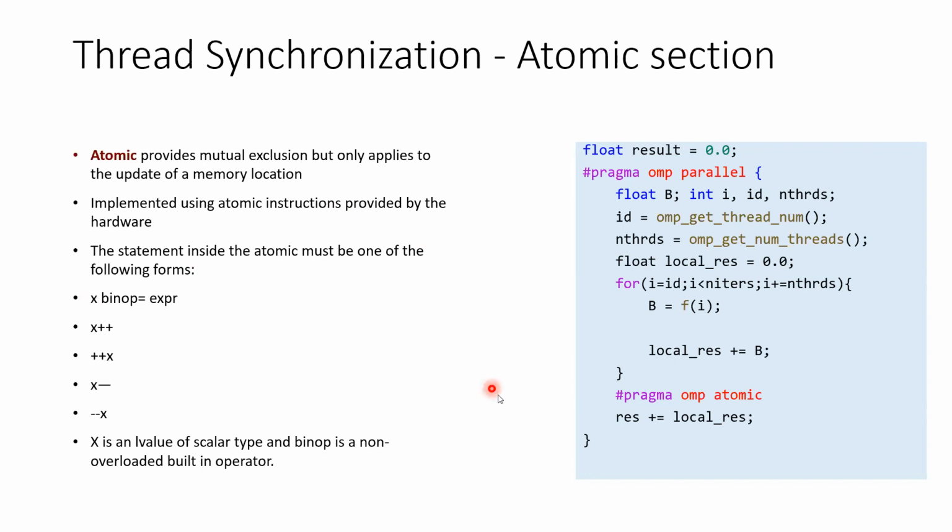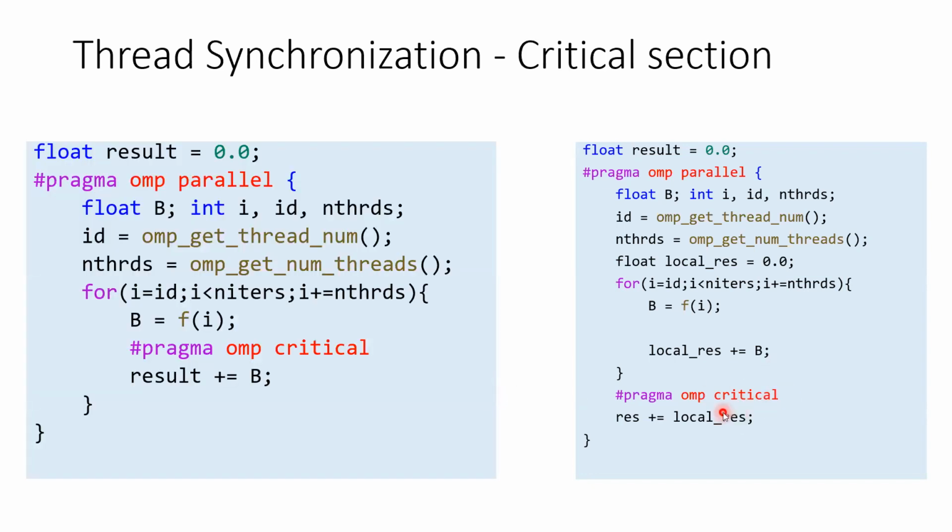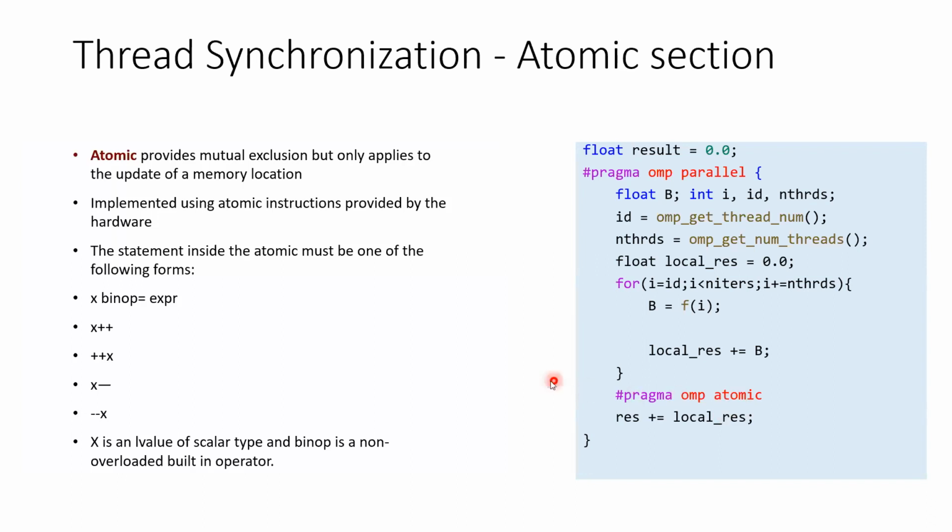The implementation is different: critical is costlier than atomic, because atomics are supported by hardware atomic instructions on some hardware. So OpenMP checks whether atomic is provided, and if the hardware supports it, it will use the instruction. Otherwise, it will fall back to critical. So this is a similar construct, but a slightly different flavor in terms of performance and hardware support.